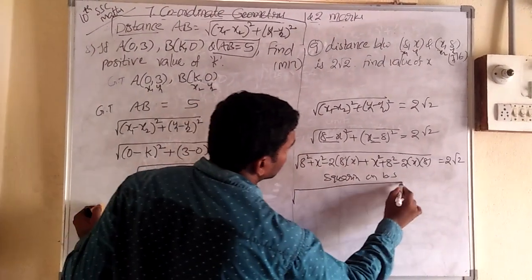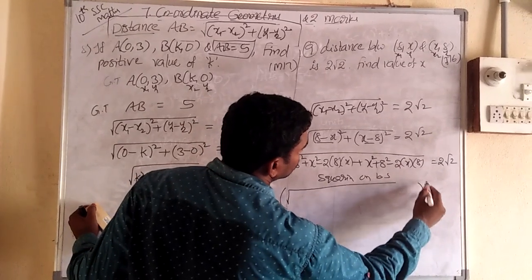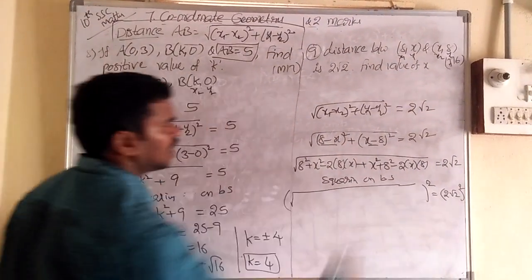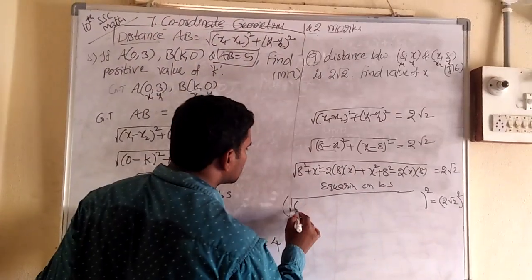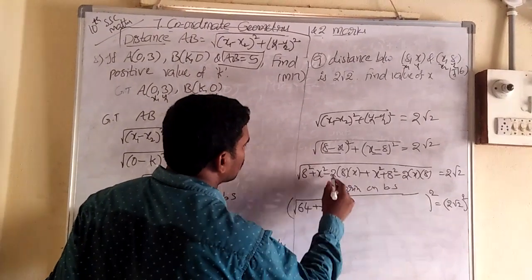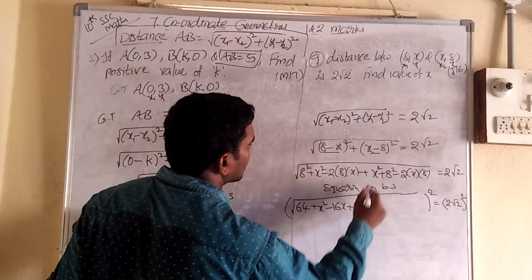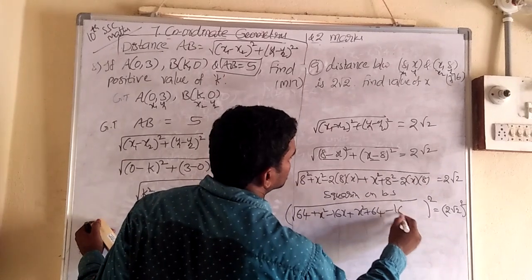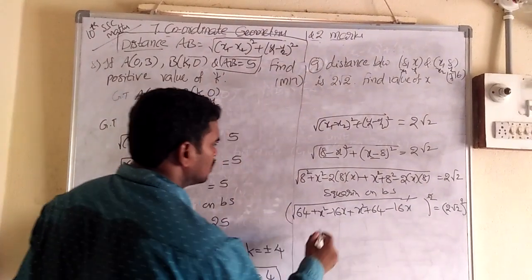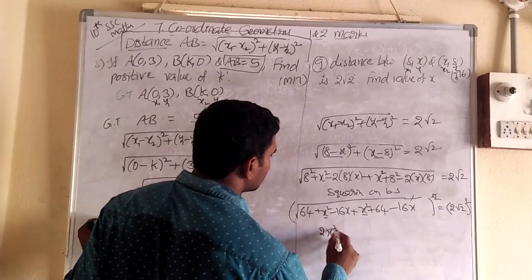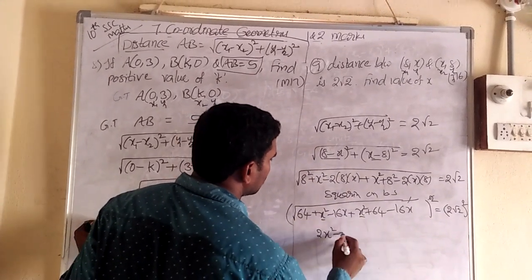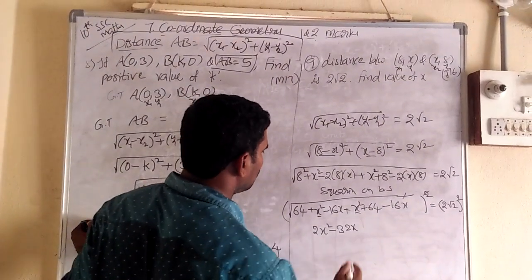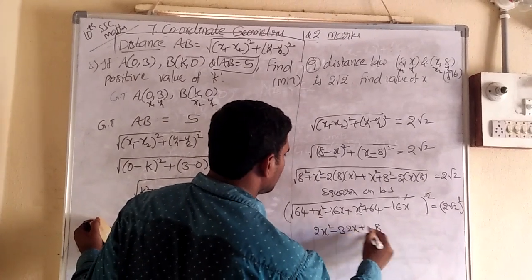Okay, I am writing it for your thumbnail. Both sides I am squaring. It is 8 square means 64, x square means x square, 2 eights are 16x. Again x square, again 8 square means 64, 2 eights are 16x. The square root cancels, x square plus x square is 2x square, and minus 16x minus 16x is minus 32x, and 64 plus 64 how much? 128.